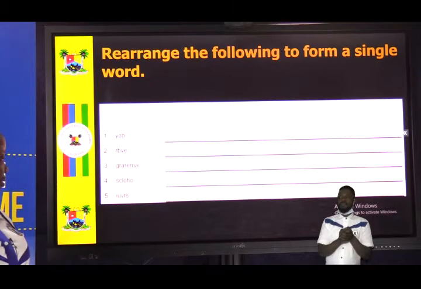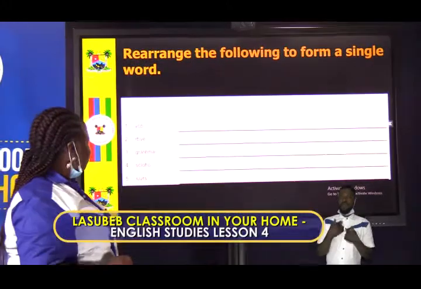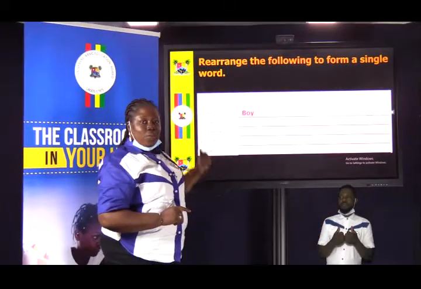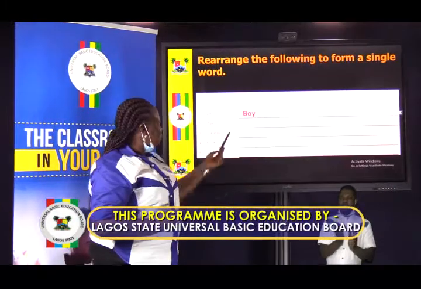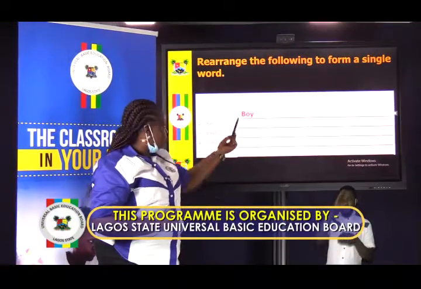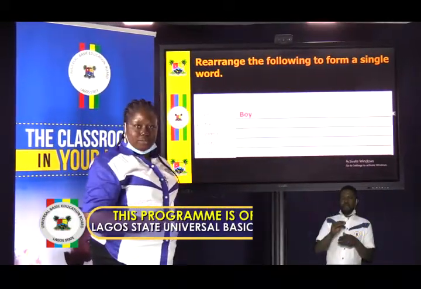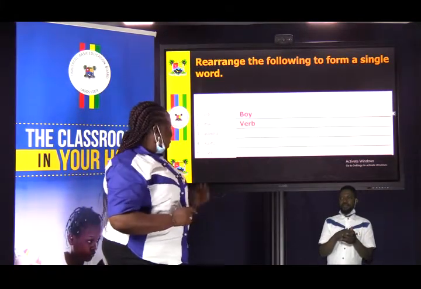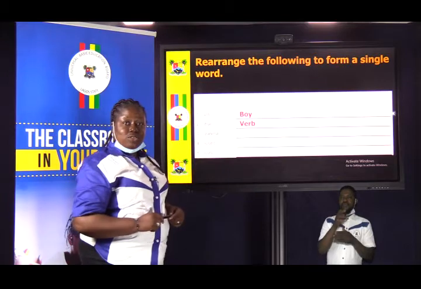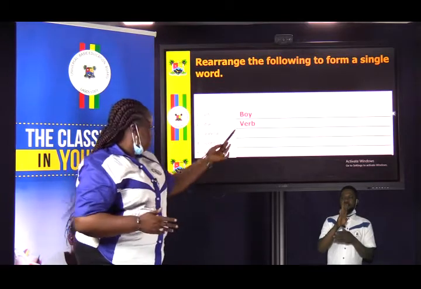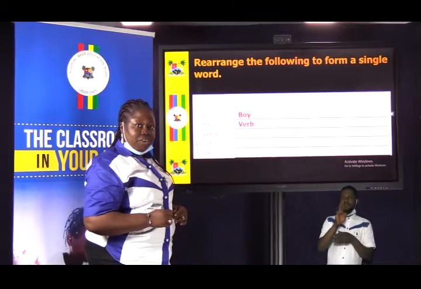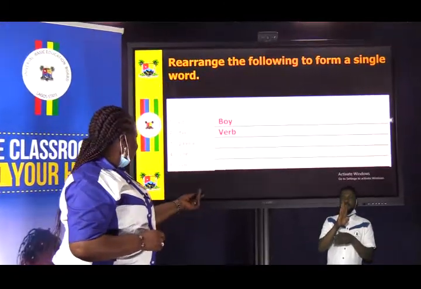All right, can we have the correction to the game? YOB, when rearranged, gives you the word boy. Did you get that? Wow, brilliant. The next one, RBVE, when you rearrange, gives you the word verb, V-E-R-B.